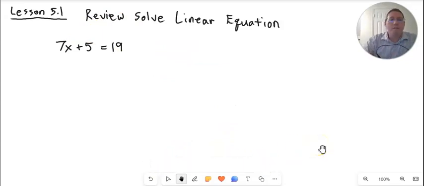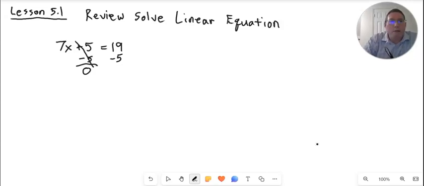So let's say we just have 7x plus 5 equals 19. I hope that you know how to solve this. What we would typically do here is subtract 5 from both sides. We've already done a couple of these. I'm just reminding you. So positive 5 minus 5 equals 0, and we call that canceling. Sometimes we just slash it out.